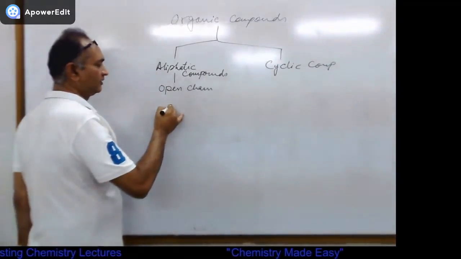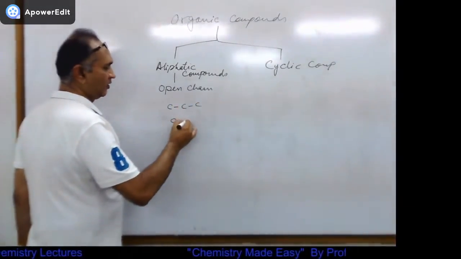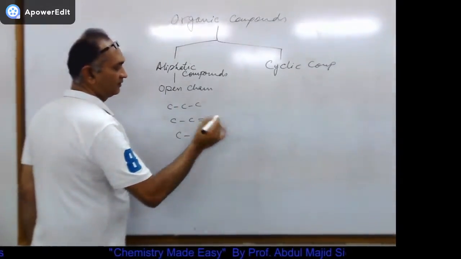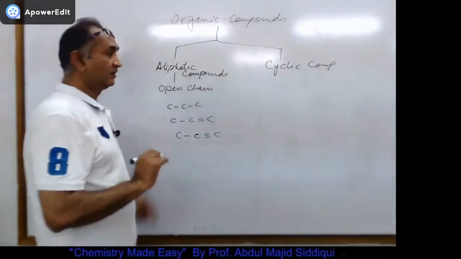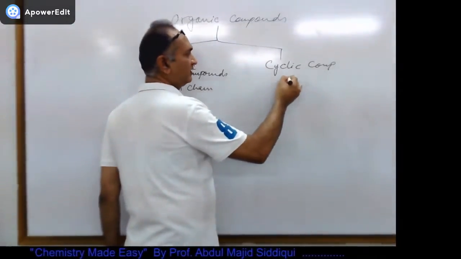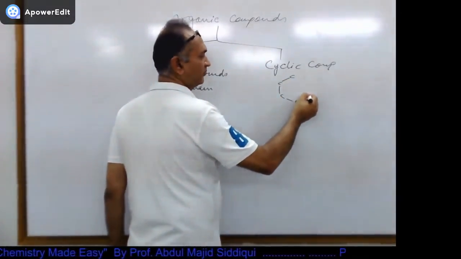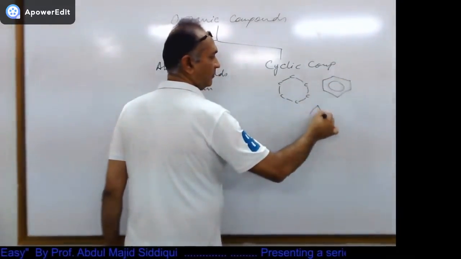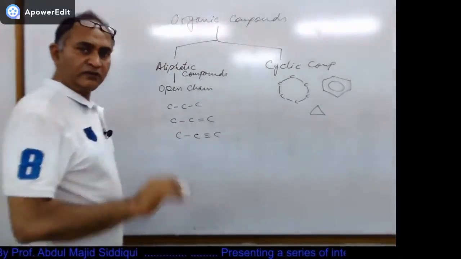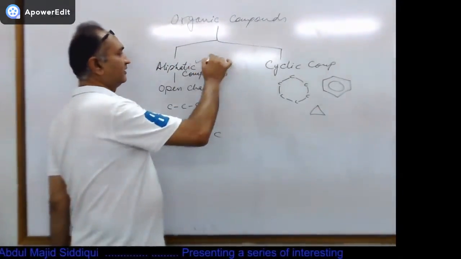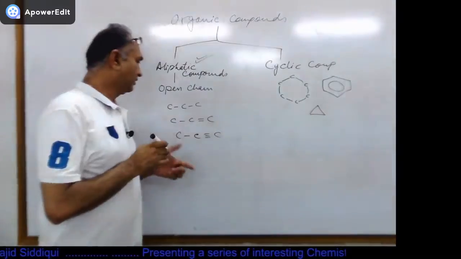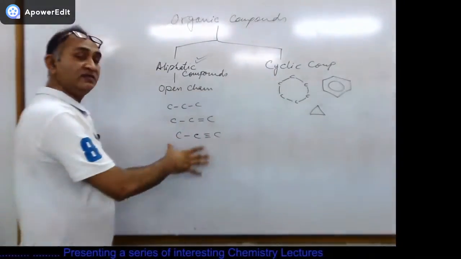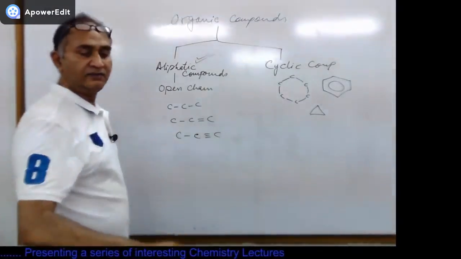Like you will see carbons like this, or like this, not fulfilling the valency. Cyclic compounds, you will see circles, closed shapes, like this. So in the first part of nomenclature, we will be covering aliphatic compounds. What are aliphatic compounds? All open chain compounds are called aliphatic compounds.